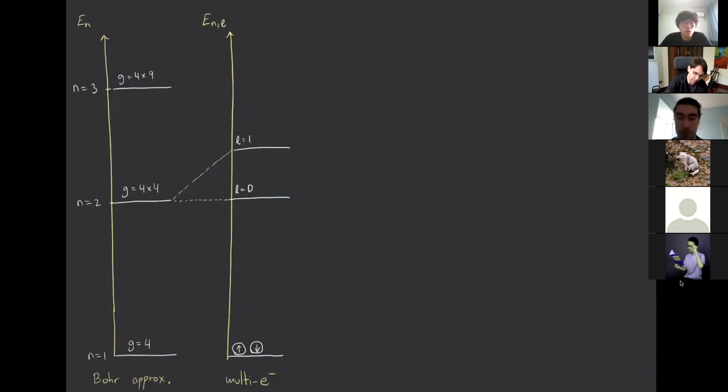The same happens now for the n = 3 level. We get the possibility of having L = 0, L = 1, and even L = 2, which I will not represent. So you have seen that this lifts this degeneracy.